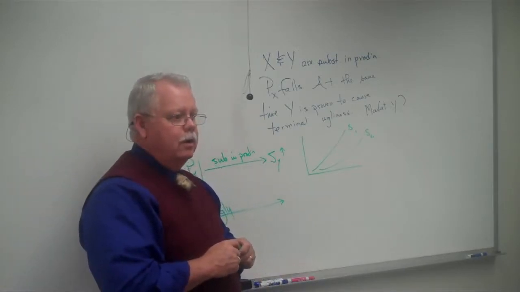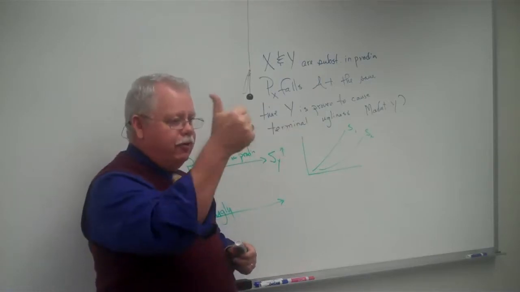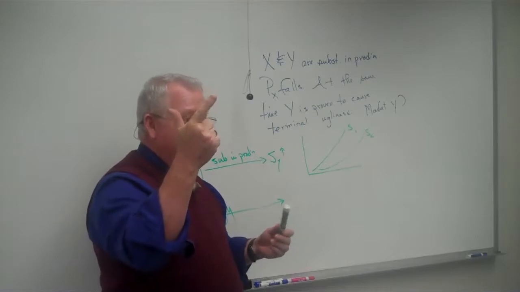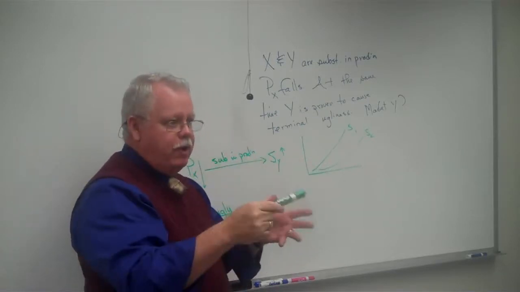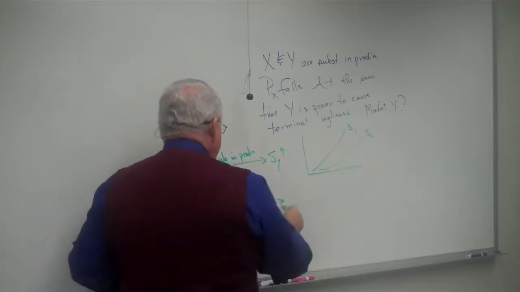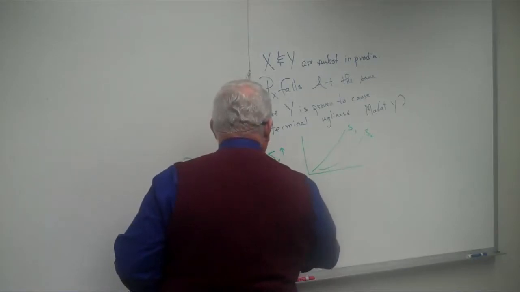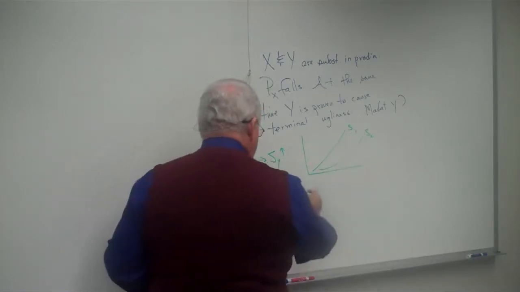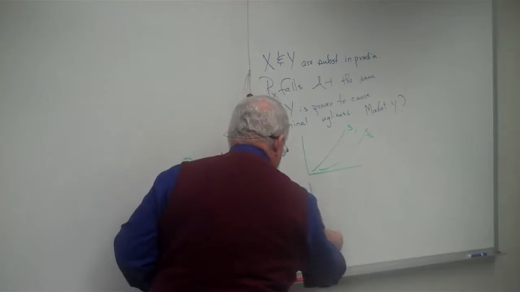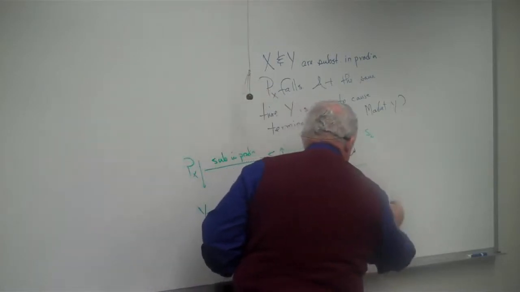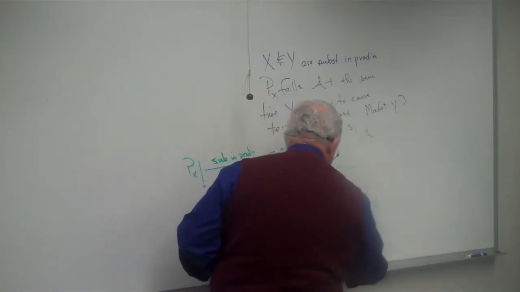Why? Because if it makes you ugly, people don't want it. Expectations, tastes and preferences, number of buyers, all of them speak to demand. What will happen to the demand? The demand will shift. Which way? Left. Decrease to the left. Demand 1, demand 2.